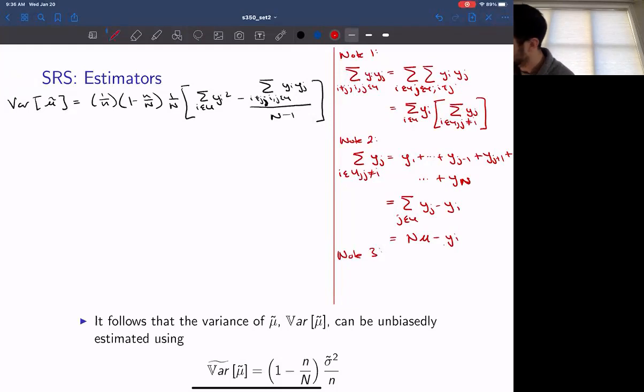All right, so now if we combine the first two notes, I guess I should have just written these as formulas, but so now we can say the double sum here, or the sum over i not equal to j, with i in u and j in u, of yi yj is equal to the sum over i in u of yi multiplied by n mu minus yi.